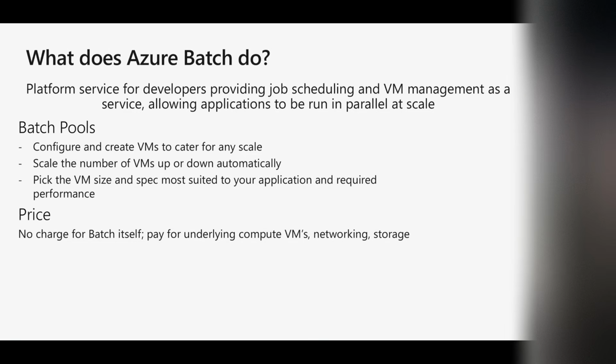Think of it as auto scaling. Your batch jobs follow a rule, and based on that rule, they will scale up or scale down, and you can pick different types of VMs. Whatever suits your application, you can have, including a custom image from a shared image gallery. That's how you do it.